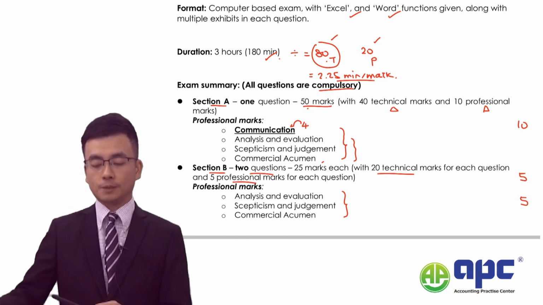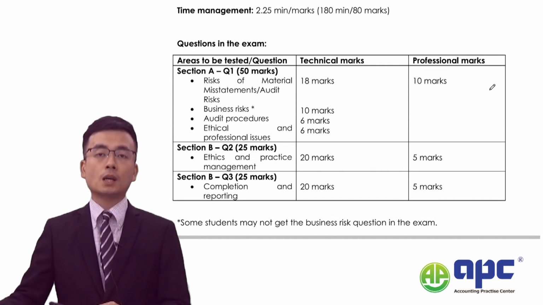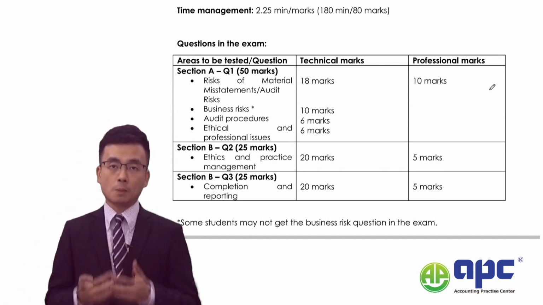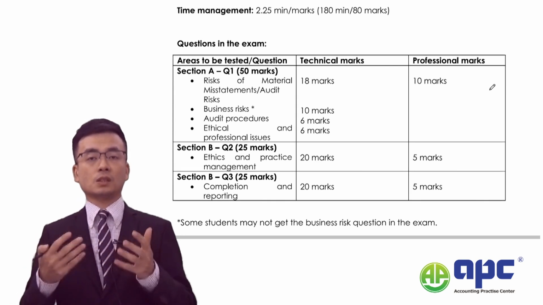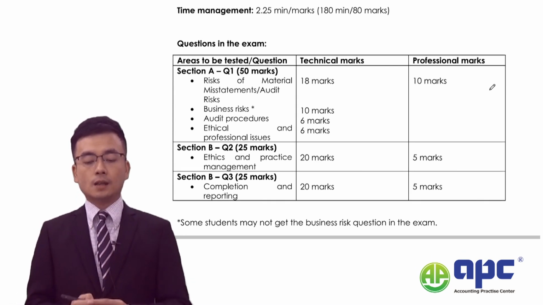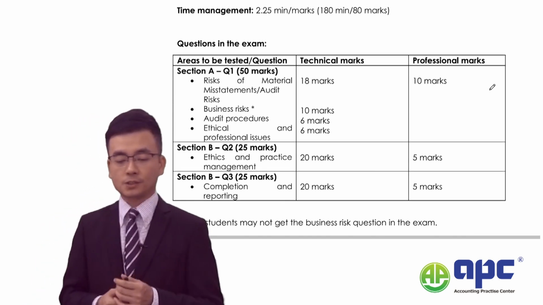And this section will be focusing on, first of all, what type of questions may come up in section A and B, which means question 2 and question 3, followed by how professional marks will be tested.